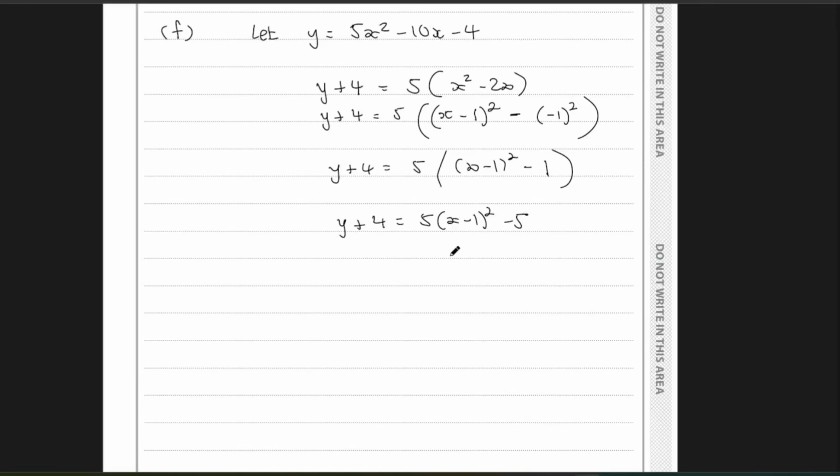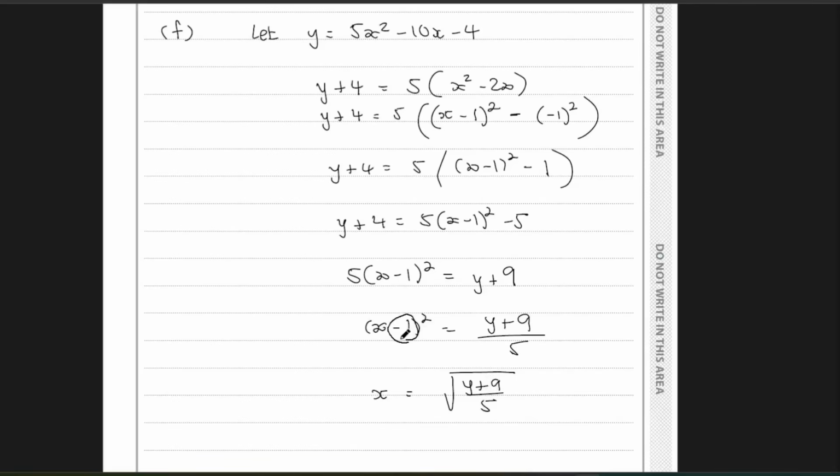Now we can try and make x the subject of the equation. So 5 times x minus 1 the whole squared is equal to y plus 4 plus 5 is 9, y plus 9. Then x minus 1 the whole squared is equal to y plus 9 over 5. Then finally, x is equal to square root of y plus 9 over 5. And if we send minus 1 to the other side, it becomes plus 1.